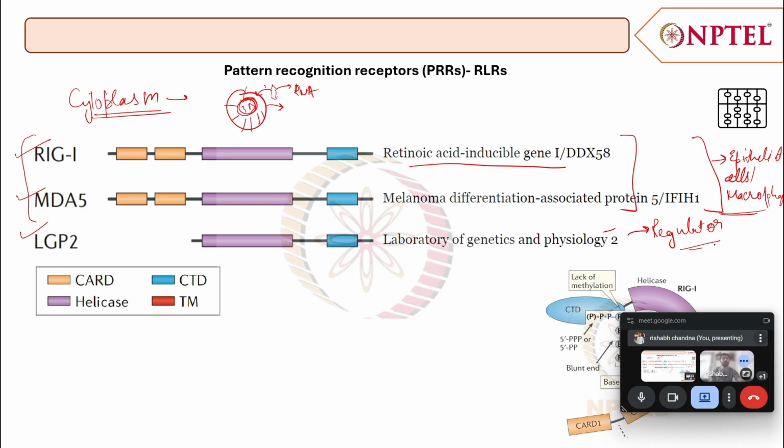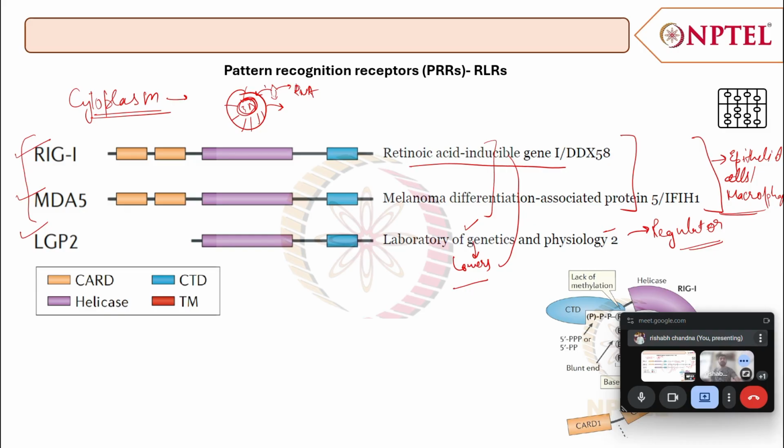It is increased when these two activate. Once RIG1 and MDA5 are activated, the signaling pathway also increases LGP2, which increases their effect, and once the effect is done, its level lowers, so that it can lower the effect of these two receptors. So it acts as a regulator of these receptors.